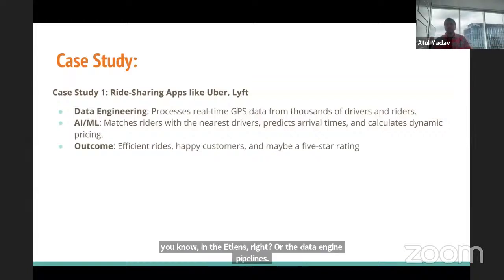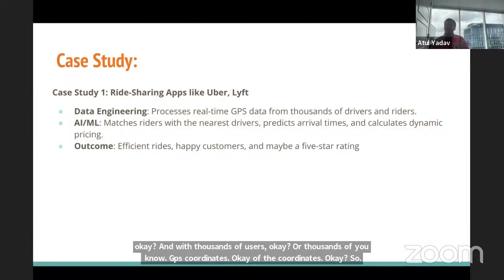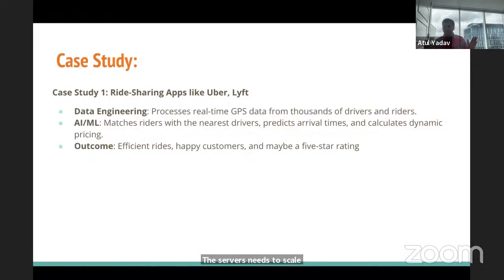Okay, now the data engineers collected the data, did the transformation of the data, and placed it somewhere. Okay, now these guys started facing some issues with the data volume, because the volume of the data was very high. Okay. And with thousands of users, or thousands of GPS coordinates, or lakhs of coordinates, the servers need to scale horizontally, right?